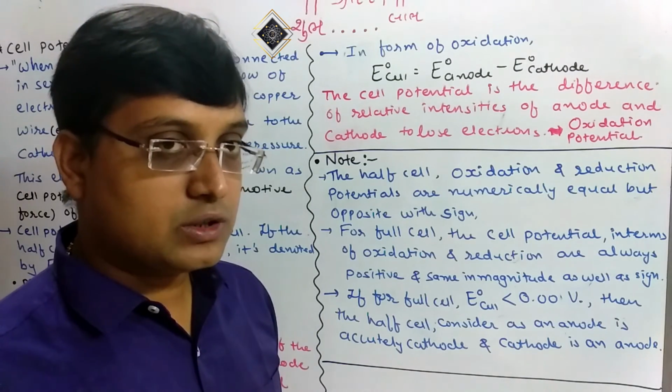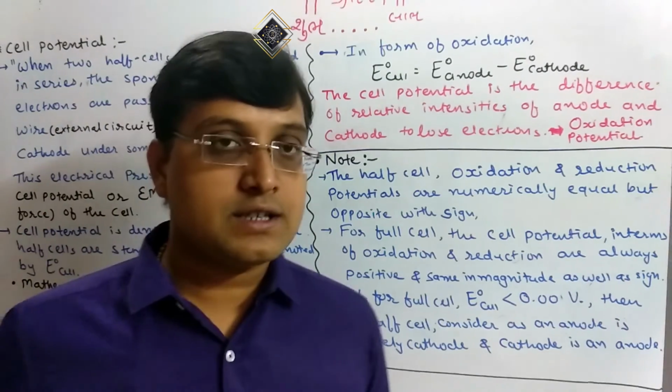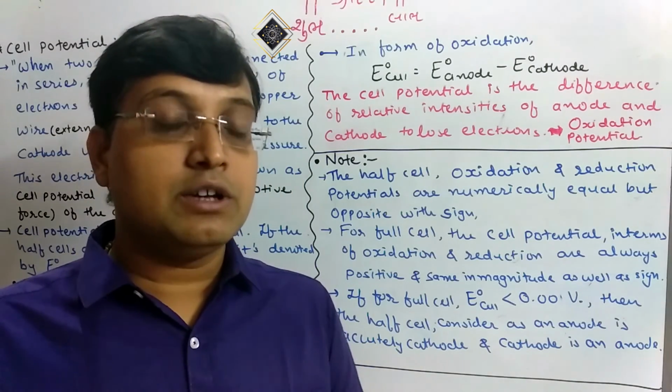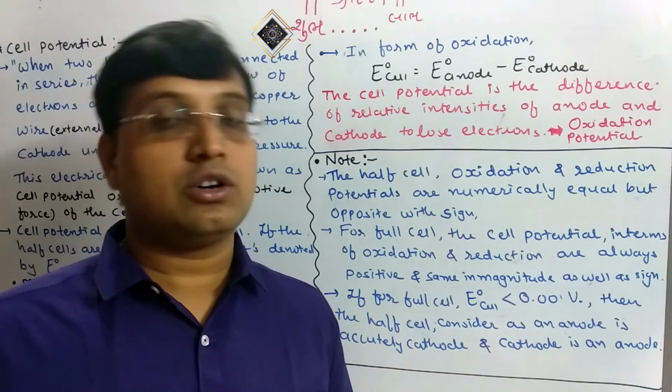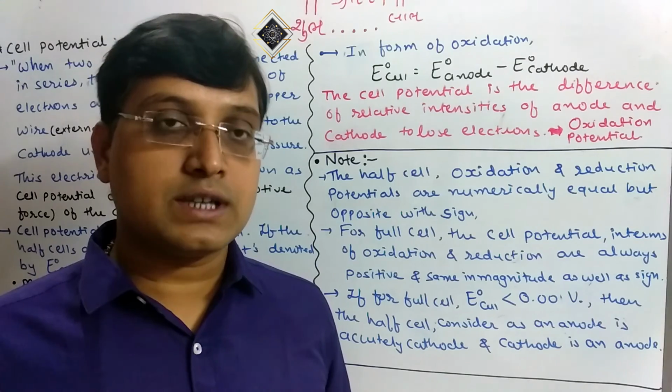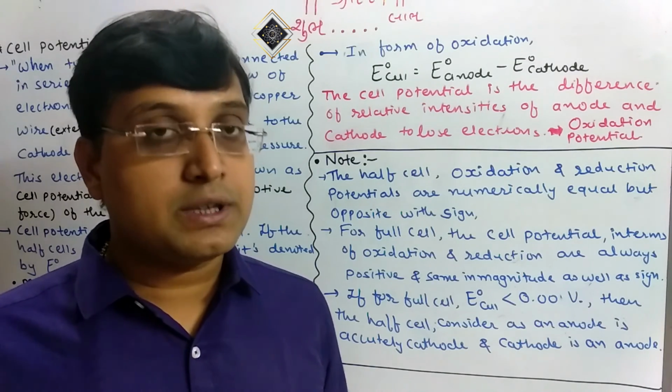Clear? Confirm? Okay, right now the topic continues in the next board work: how can we identify whether the given potential is oxidation or reduction, and how can we calculate the full cell potential? Okay, topic is continued.